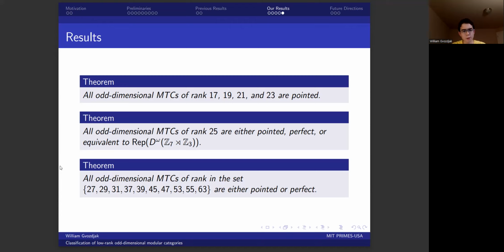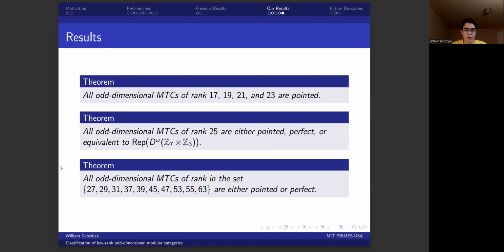The first theorem that we showed answered the main motivating question that I presented at the beginning of the seminar. It states that all odd-dimensional modular categories of rank 17, 19, 20, and 23 must be pointed. So we did successfully discard the perfect case for these ranks.